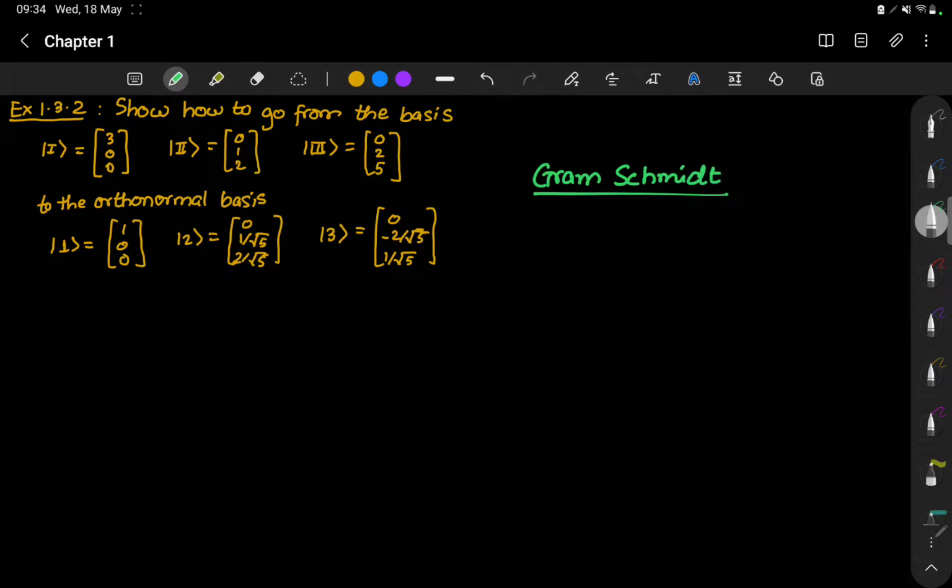So just to remind ourselves of what this Gram-Schmidt theorem is, let us just write it down once again.